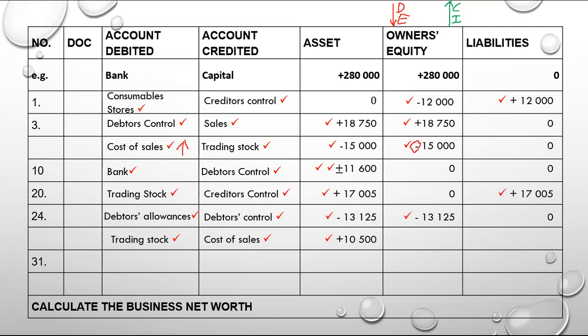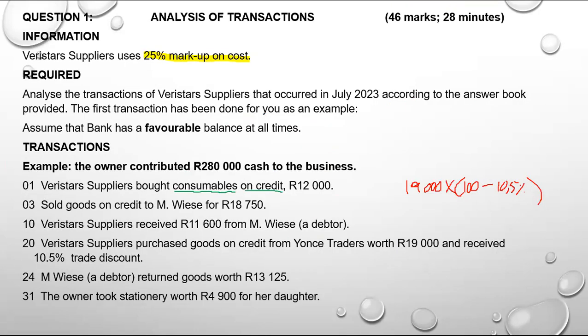It decreases. Here, our expense is going down. So what will happen to owner's equity? It'll increase. A reduction of an expense increases owner's equity. And under liabilities, we'll have 0. Done. Let's move to the next one.